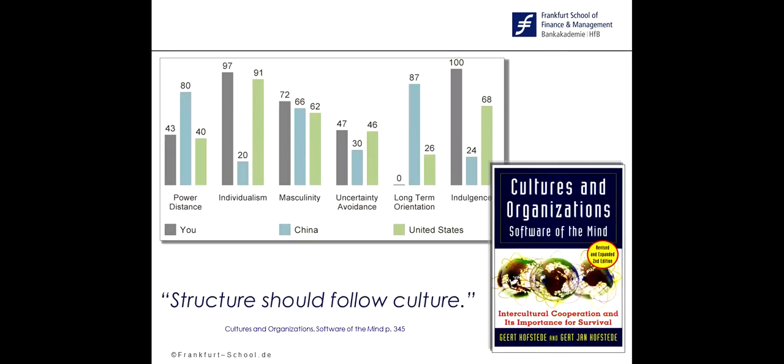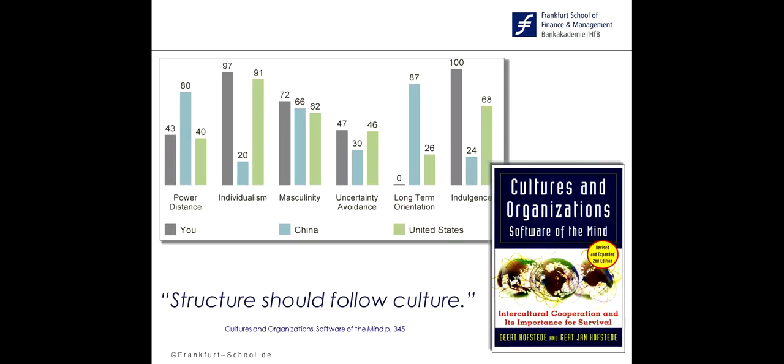The main message Hofstede drew from his research is quoted on this slide. If business is to succeed internationally, then organizational structure should follow culture-based dispositions. The diagram on this slide was taken from Hofstede's website and displays the findings concerning 3 arbitrarily chosen countries. Take a moment and look at the chart.